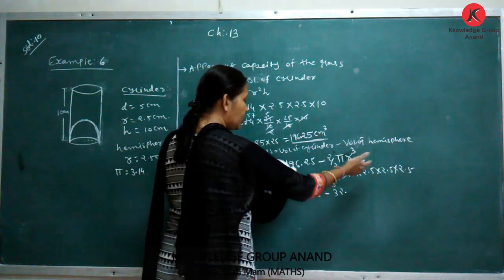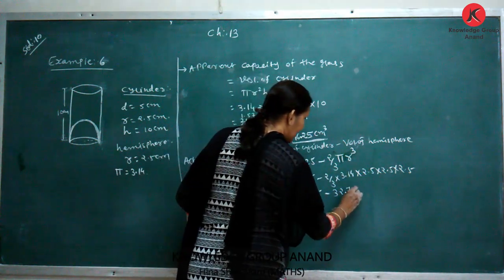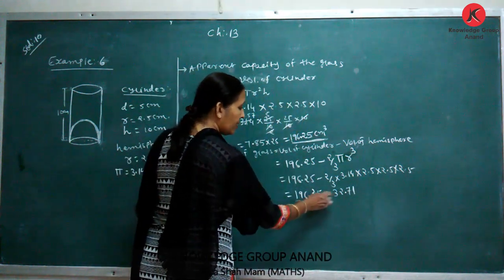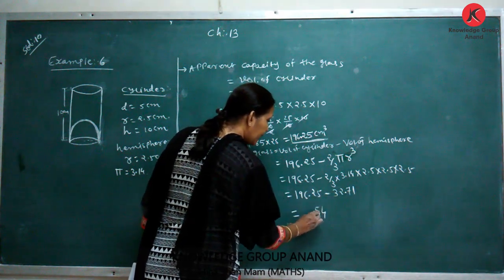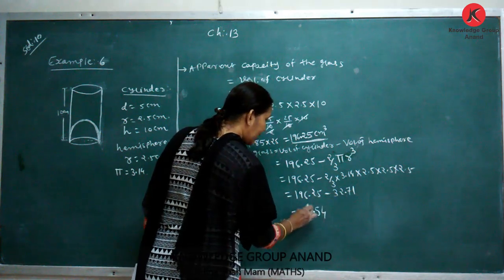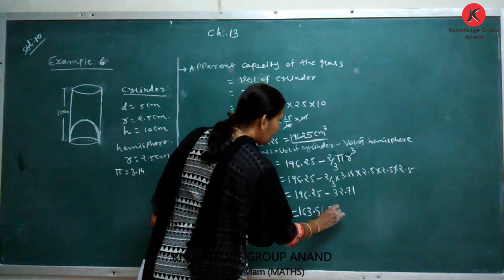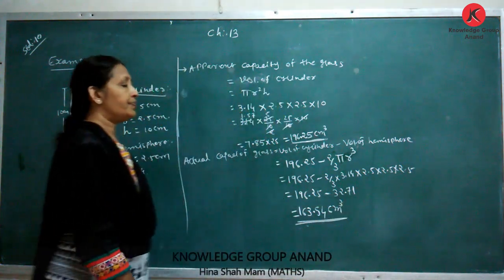Given its multiplication, do it here. 32.71 is equal to, after subtraction, 163.54 centimeter cube.